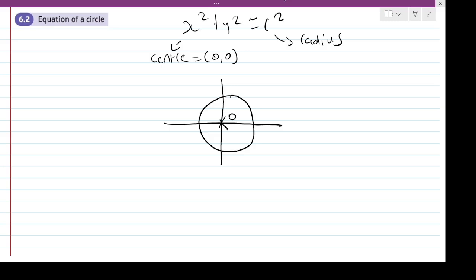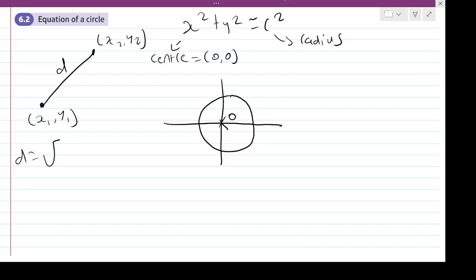And before we look at where that equation comes from, recall the distance formula between 2 points that we looked at in the last section with lines. If we have 2 points here, and the line between them, say we call this point x1, y1, and this point x2, y2, and we call the distance d, the straight line distance between the points.